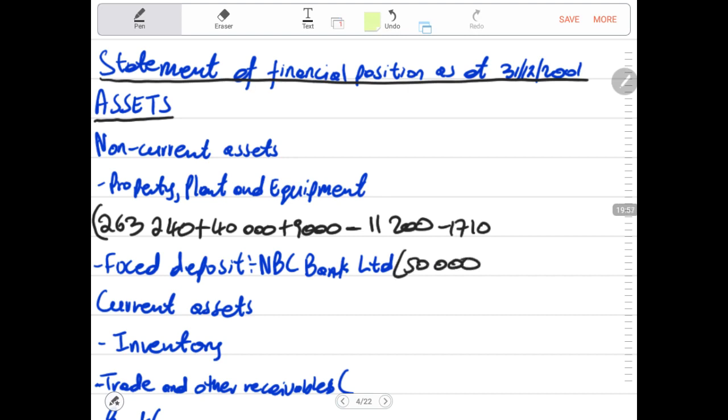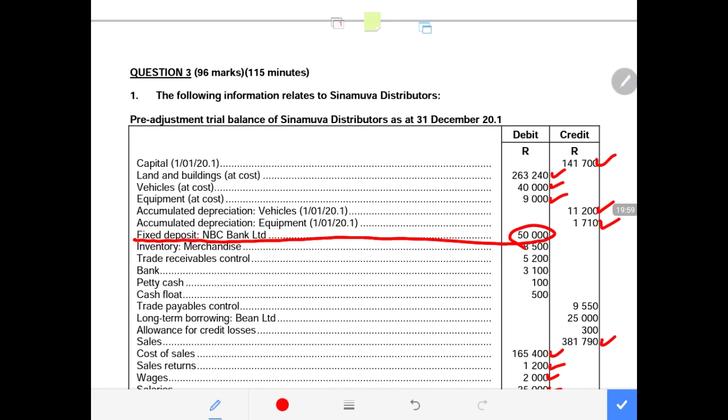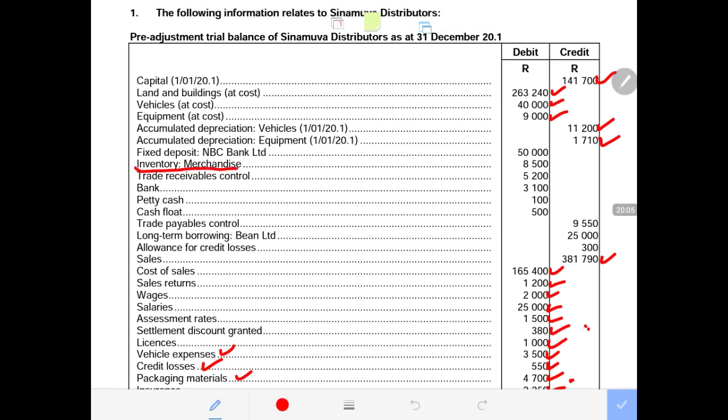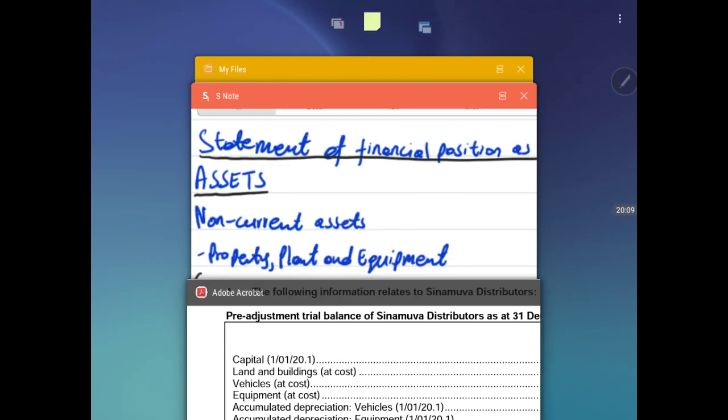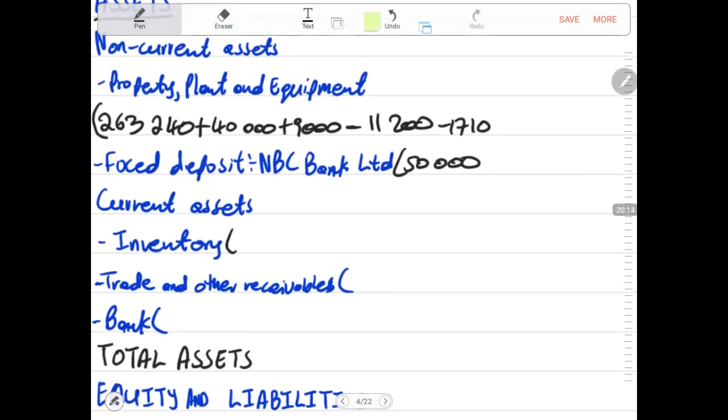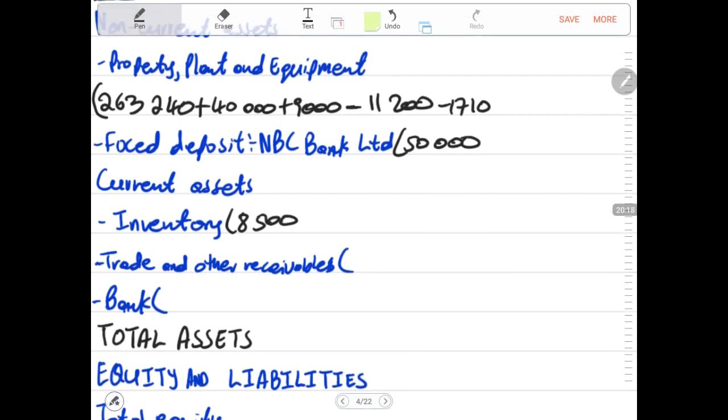Then we go to our current assets. Our current assets, we have inventory, and we do have inventory of merchandise, and our inventory is 8,500 rands. 8.5. There might be another inventory.